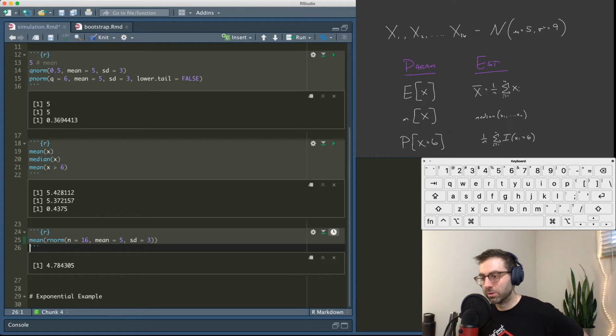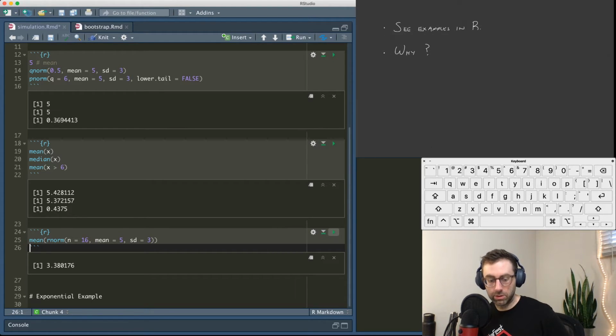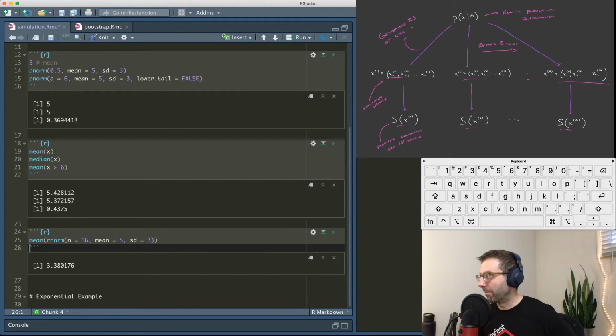So what I really want to do is this. So what I'm doing here is equivalent to the bottom row here now. I'm just repeatedly generating these statistics calculated on these random samples.